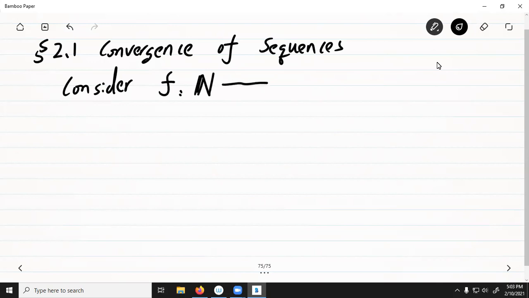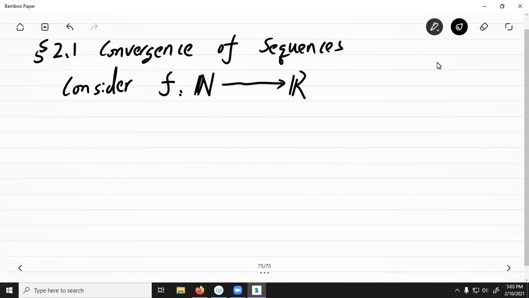And the codomain, it will map any number in the natural numbers into a real number. So f is from N to R. N is the natural number set, and R is the real number set.